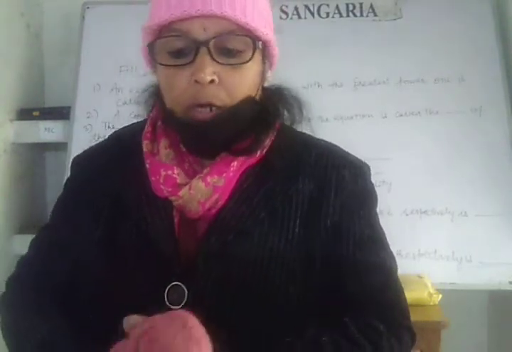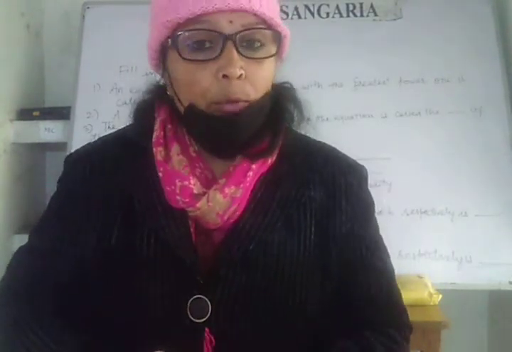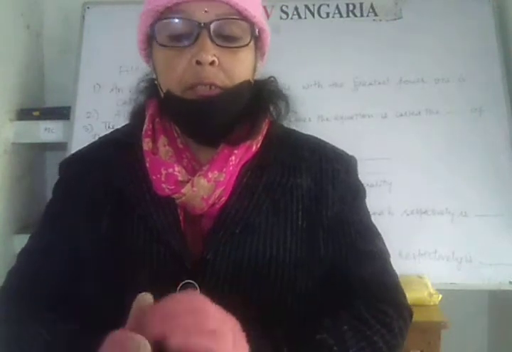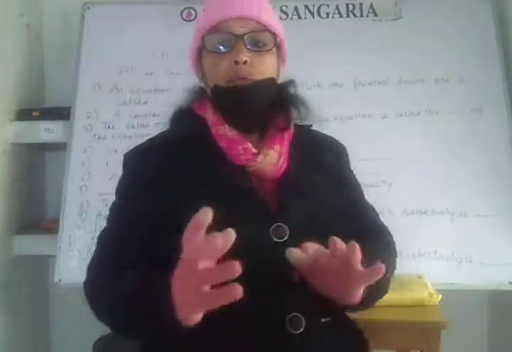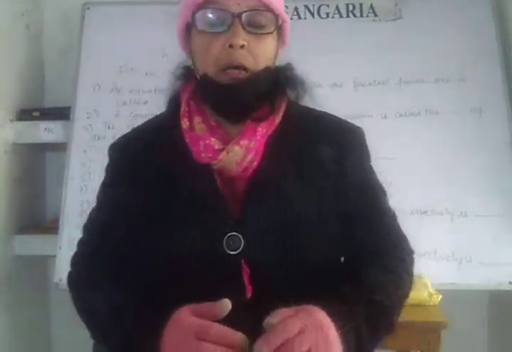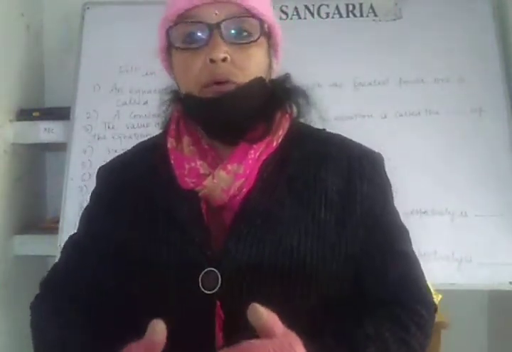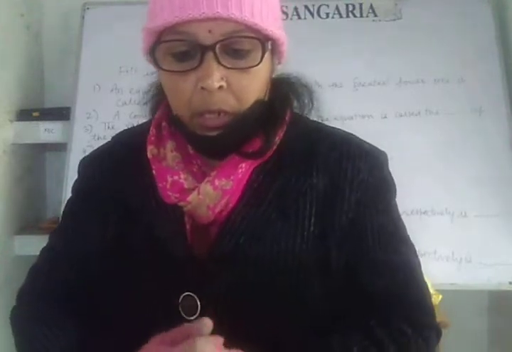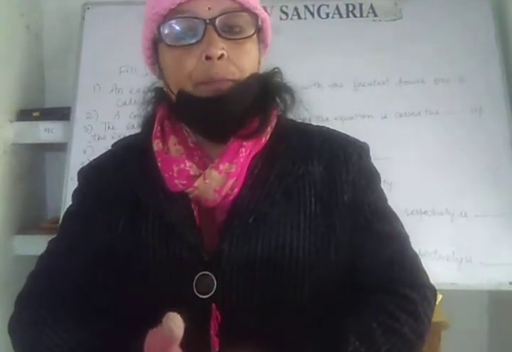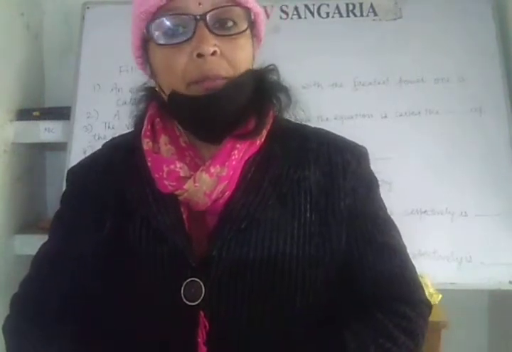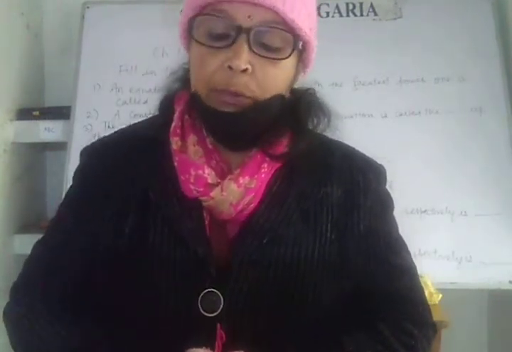These letters are called literal numbers. And these letters from a to z which we use in the equation are called literal numbers or literals. A literal number can stand for any value.